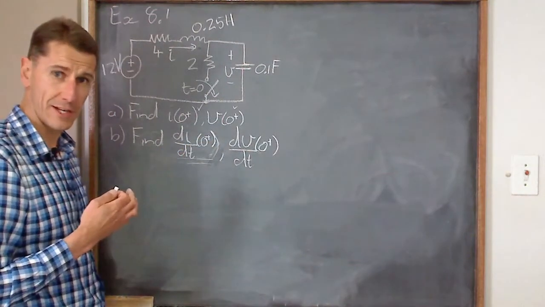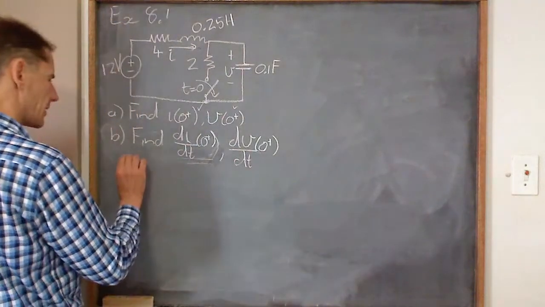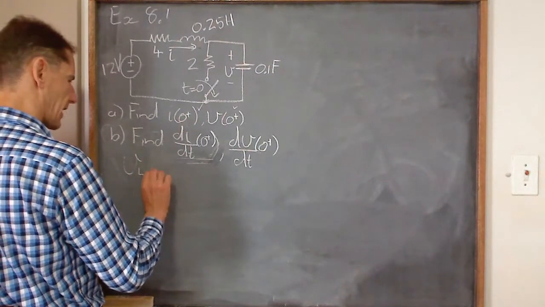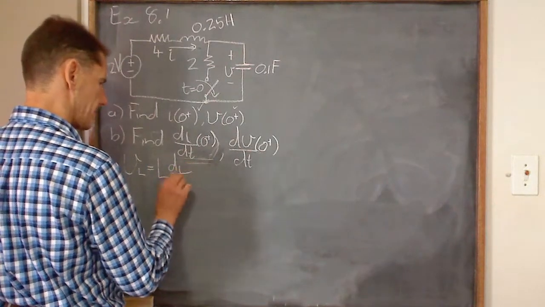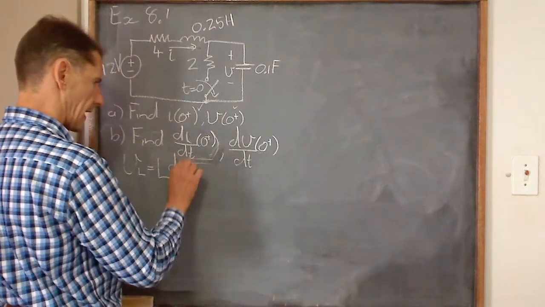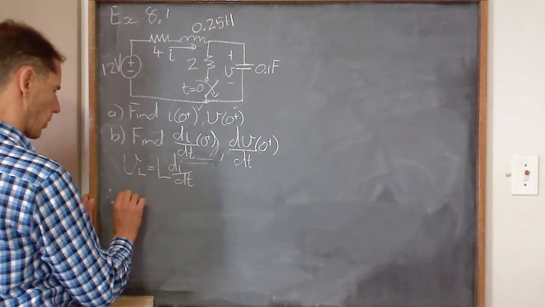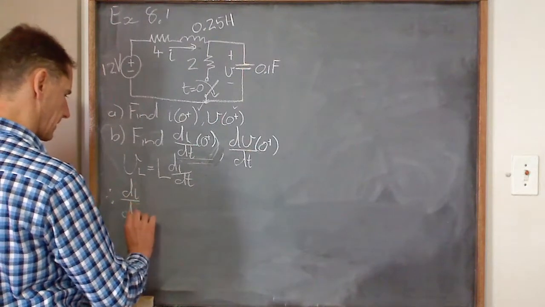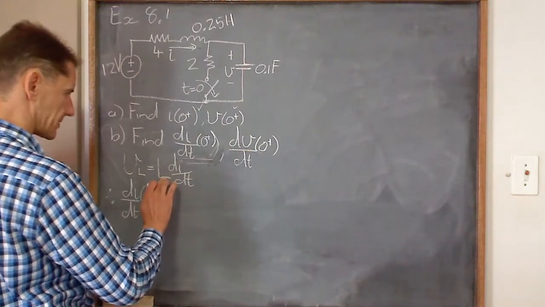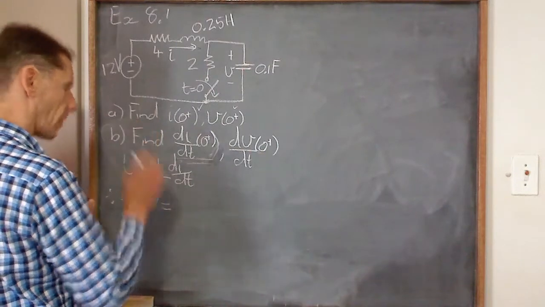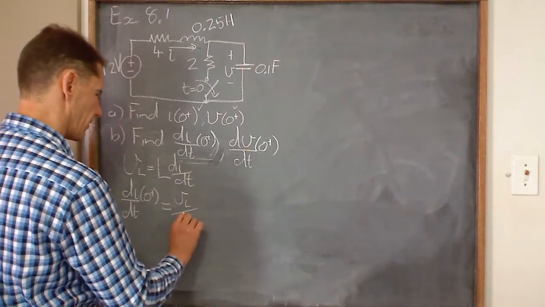For this we need to go back to your chapter 6. We know that the voltage across an inductor equals L di/dt, and now we're looking for this di/dt. So if I want di/dt at time 0 plus, I need to simply find VL over the inductance.